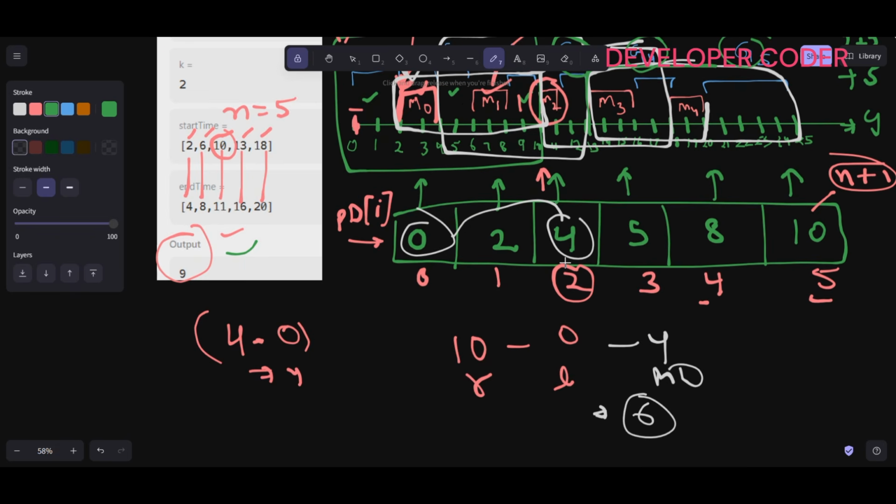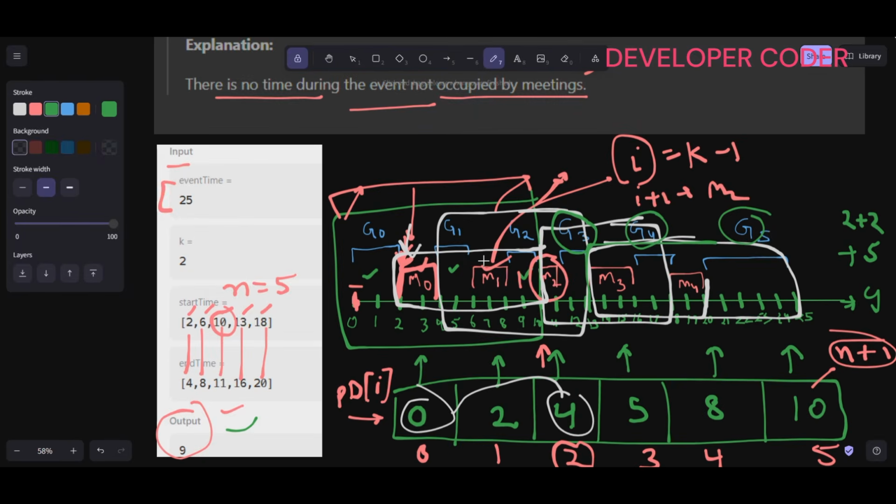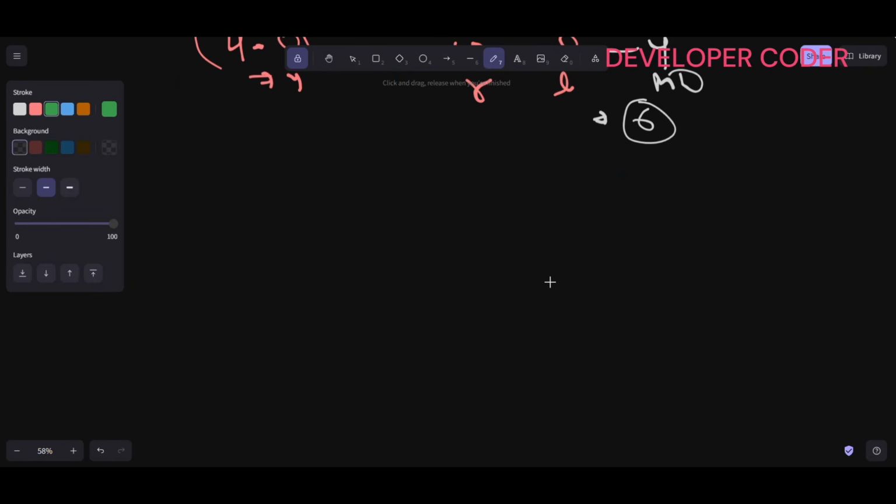Let's write the code, and with code you also get a very clear understanding of how we are doing this. What we need are the right and left boundaries, and once we get the right and left, we have to subtract the meetings. Let's suppose meetings m0, m1, m2, and here m3.